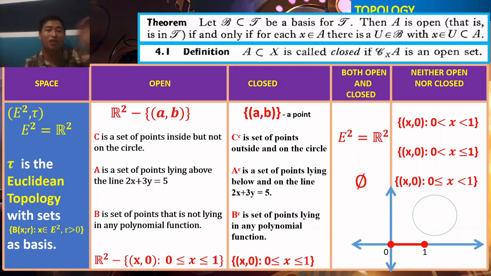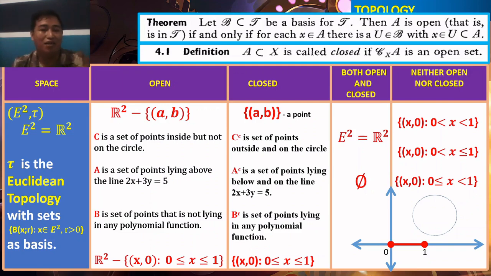Subset gyapon siya or naa gyapon siya sa mga points lying above the line 2x plus 3y equals 5. Okay, next. So, yung complement is this one. A complement is the set of points lying below and on the line 2x plus 3y equals 5. Diba? So, naa sa line o naa sa below sa line.